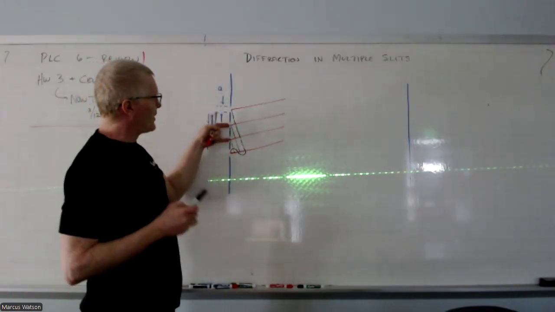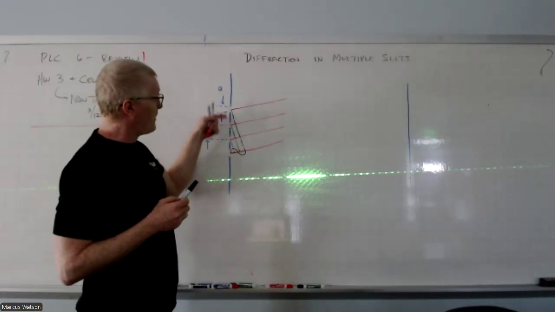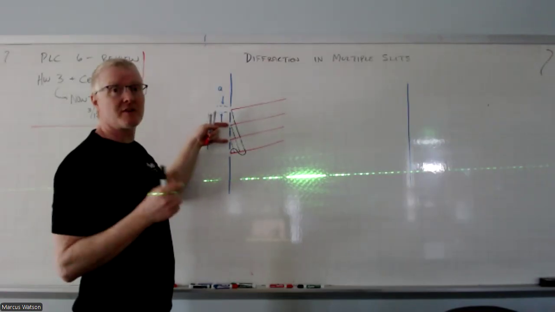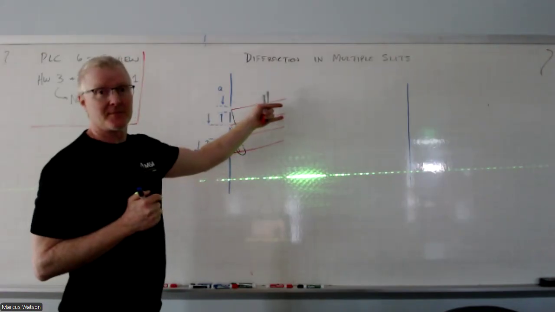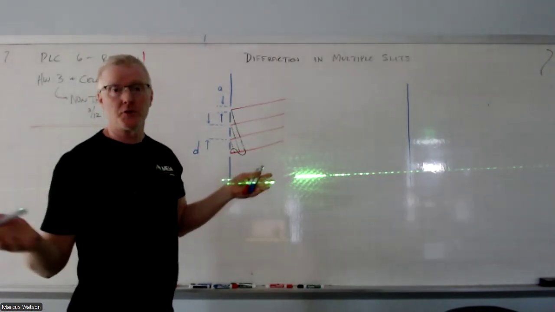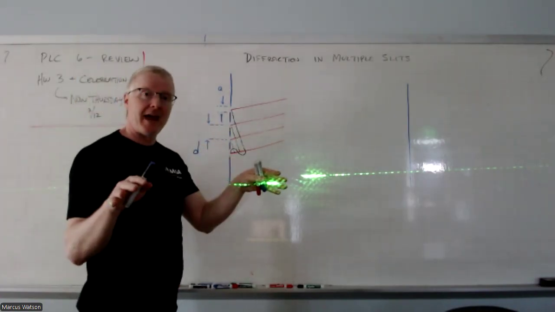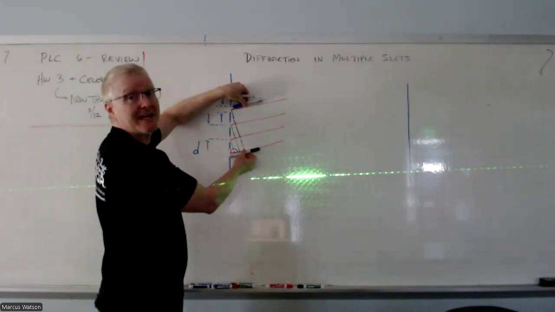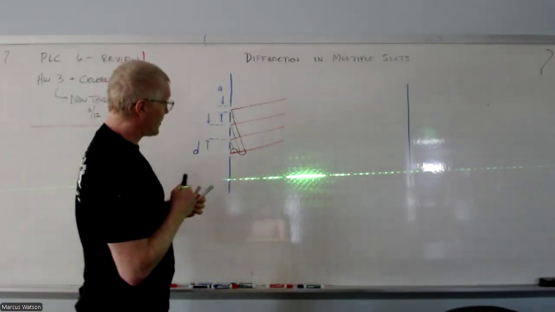And if you think about what's going on with these, I'm going to get 1/3 of a wavelength different from the top one, 2/3 of a wavelength different from the top one, but that means these two are different by a half a wavelength. So that means these two are going to cancel each other, right? Because 1/3 is half of 2/3. So the second one and the third one are out of phase by a half a wavelength, and that means I have a constructive opportunity here between 1 and 4. Okay, so I've got that going on.